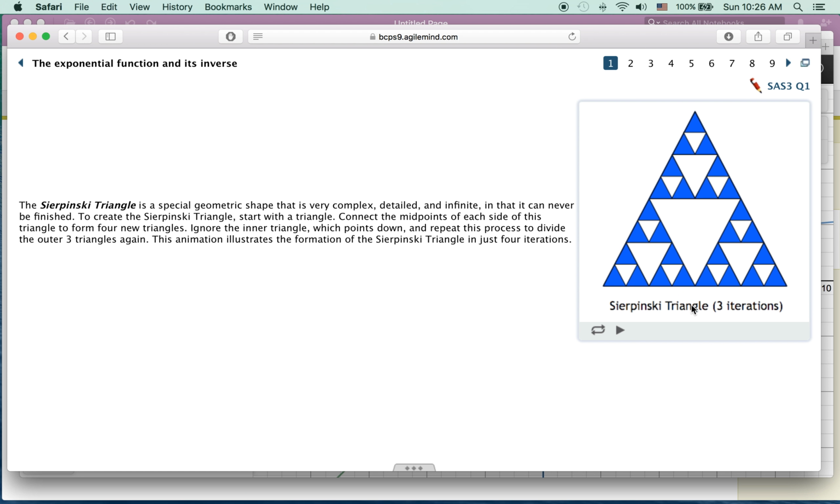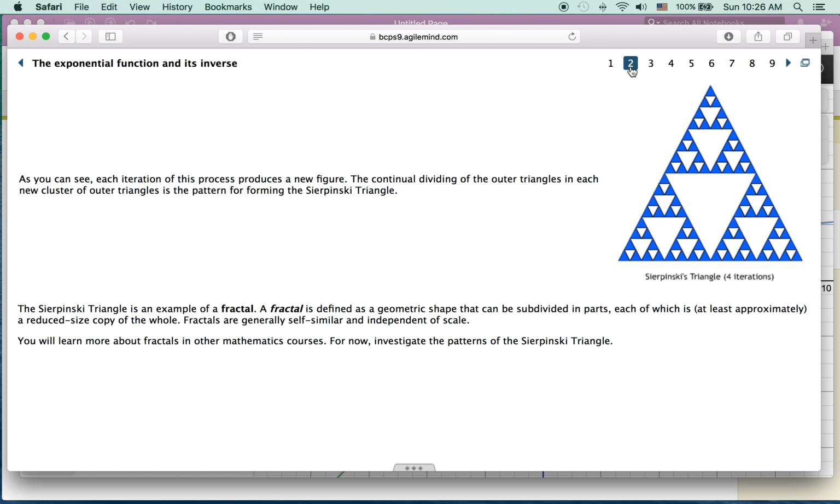So we took the last number and we multiplied it by 3 again. So how many are here? Well, whatever 27 times 3 is. Here they're saying that the Sierpinski triangle is an example of a fractal. Fractals are interesting. This is not an interesting fractal.